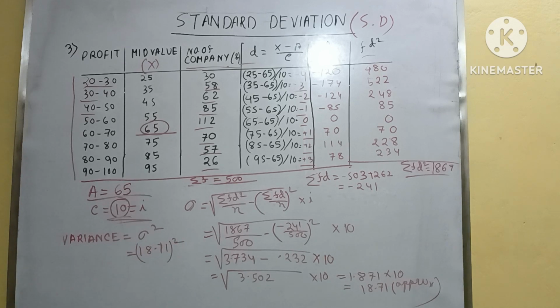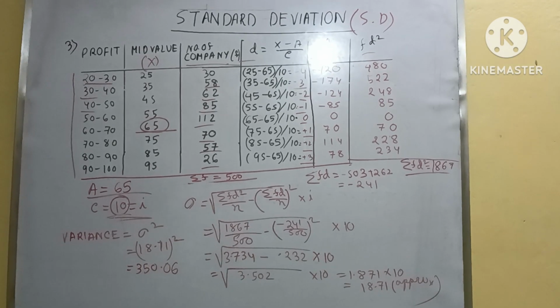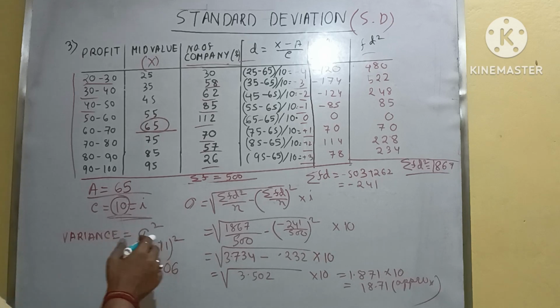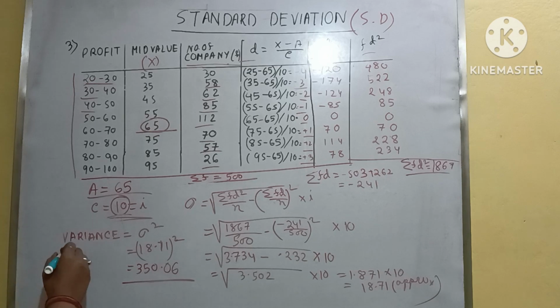So the value of the variance, that is the sigma square, is 350.06. So this is the way by which you can calculate the variance and SD.